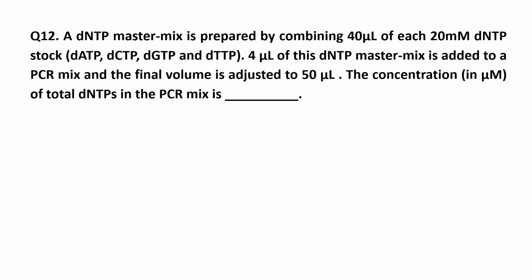A dNTP master mix is prepared by combining 40 microliter of each 20 millimolar dNTP stock: dATP, dCTP, dGTP and dTTP. 4 microliter of this dNTP master mix is added to a PCR mix and the final volume is adjusted to 50 microliter.